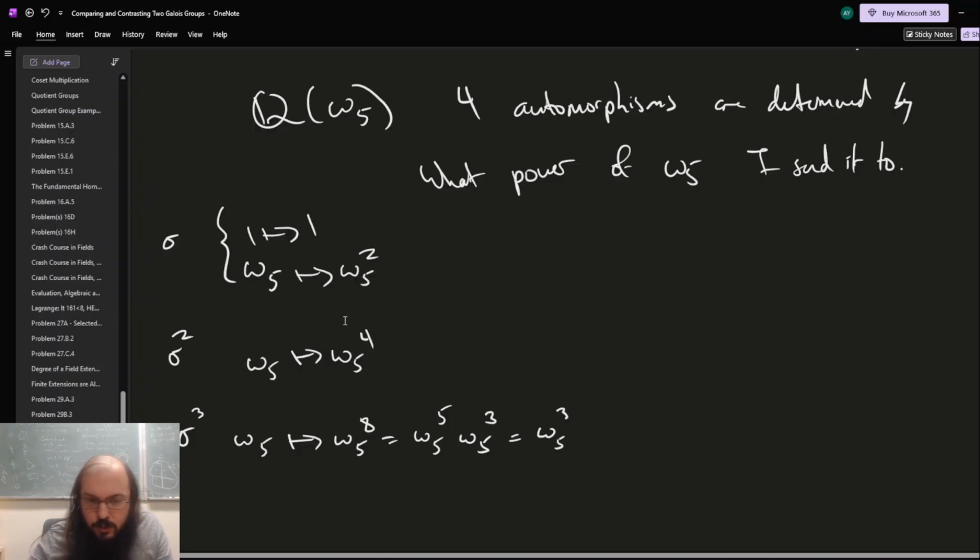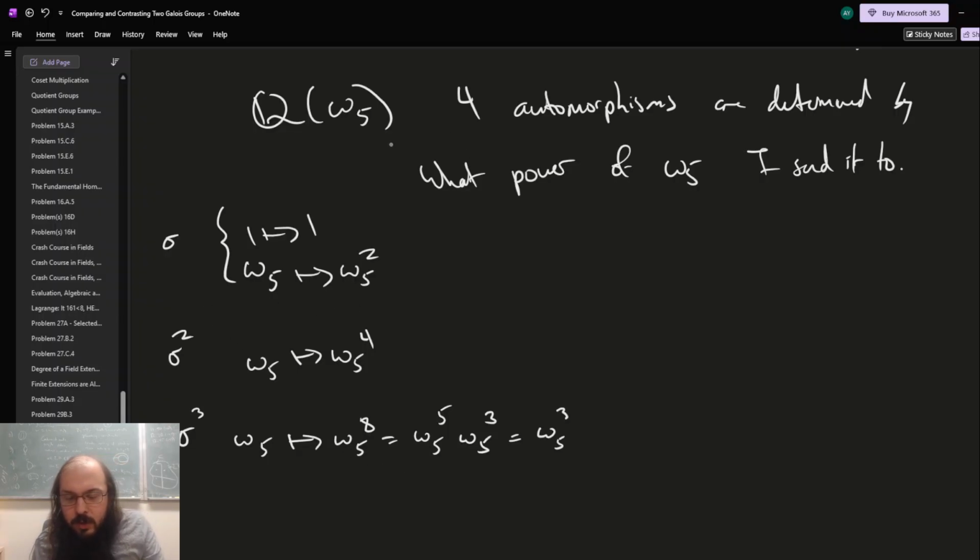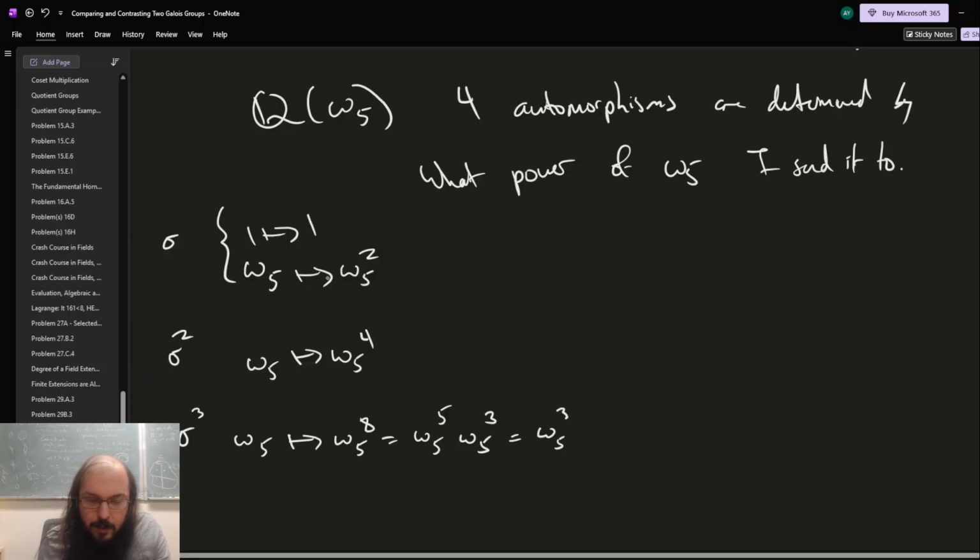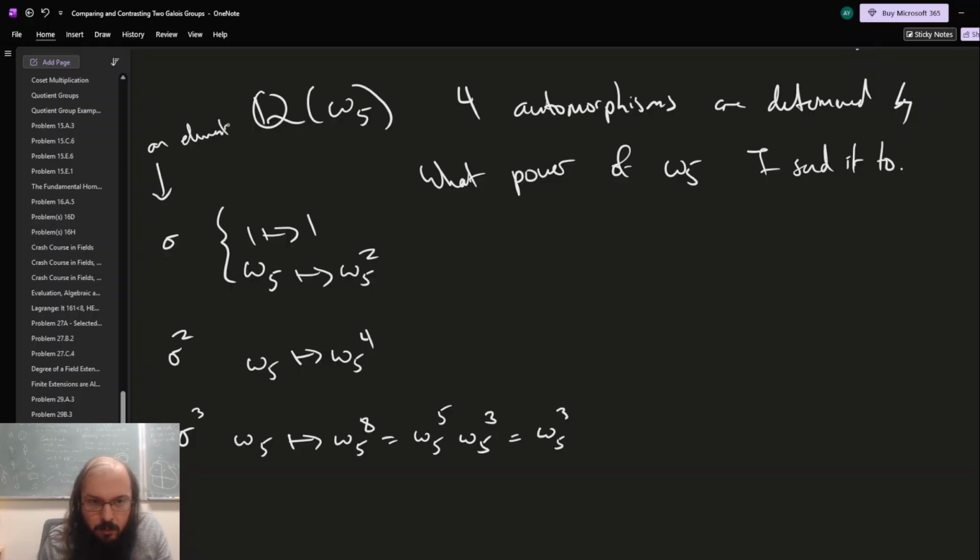And so we know that this group can't be different. I told you guys previously that the powers of omega form a cyclic group. First off, you'll notice that this is not the same cyclic group on the nose, like the ordering that we're seeing the things in is a little bit different. But moreover, I know that this is a group of order 4, but I found inside of it an element without order 2. I could have declared that conclusion even just here. So even if I didn't want to calculate this, I would automatically know that sigma has order 4.